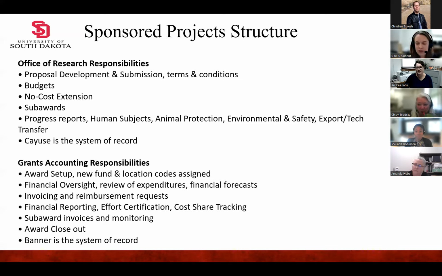Hello. So grants accounting is the post-award area, and we're primarily dealing with awards after the Office of Research has received the official notice of award. They have a budget in place, and then what we're really doing is dealing with the finances and oversight of the purchasing and expenditures to make sure that everything is compliant with federal regulations, state regulations, even university policies.